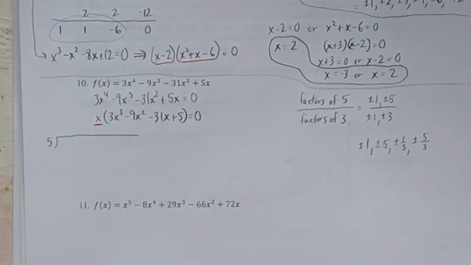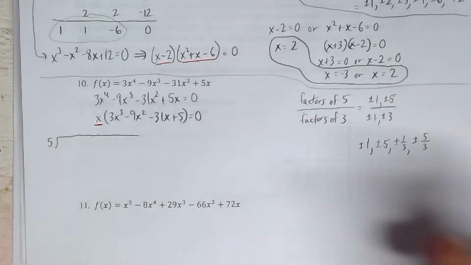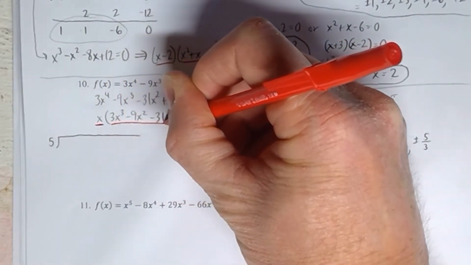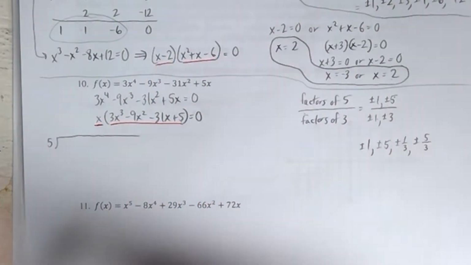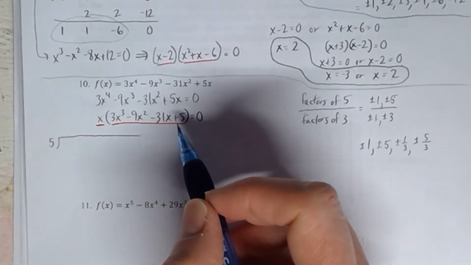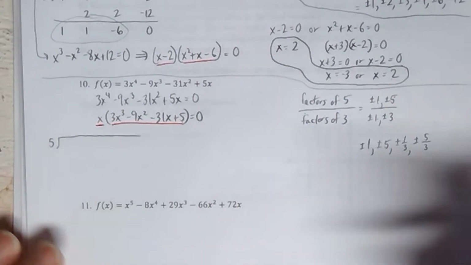That's what we want. We want linear factors for the end of the problem when we set every factor equal to 0. That's definitely a good thing. Linear or quadratic. So leave that x alone and just factor whatever's left over that's not linear or quadratic, until we do have nothing but linear or quadratic left.